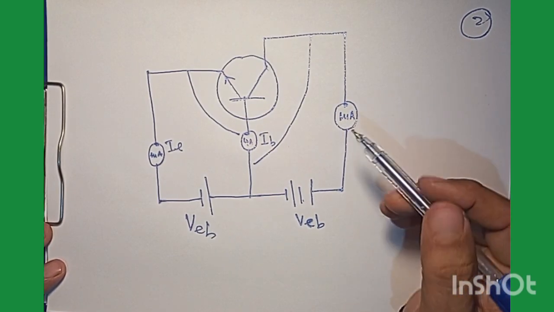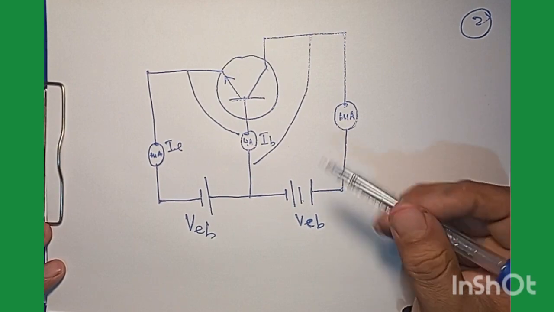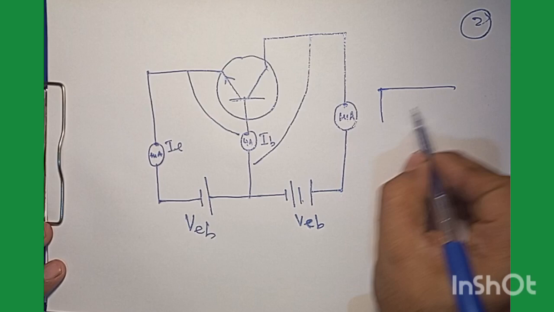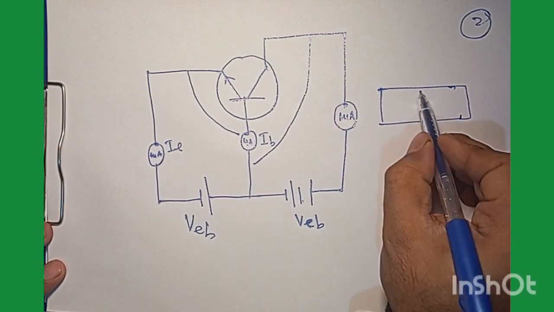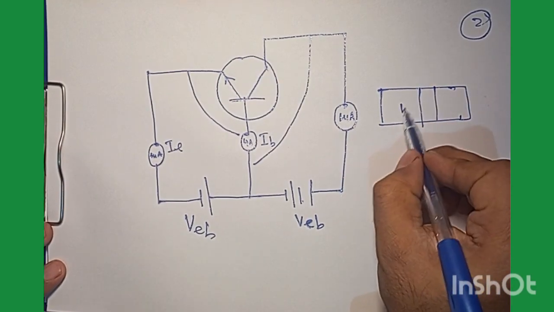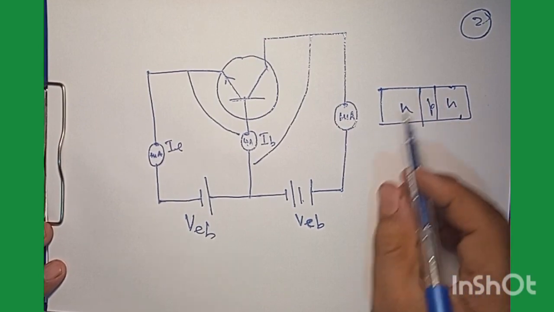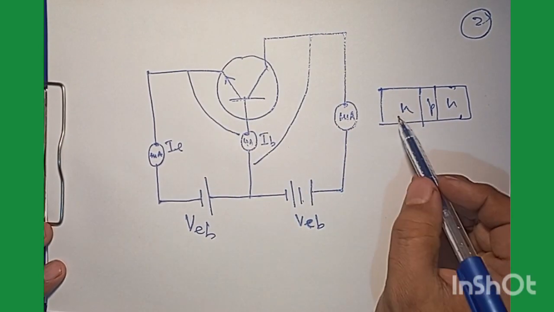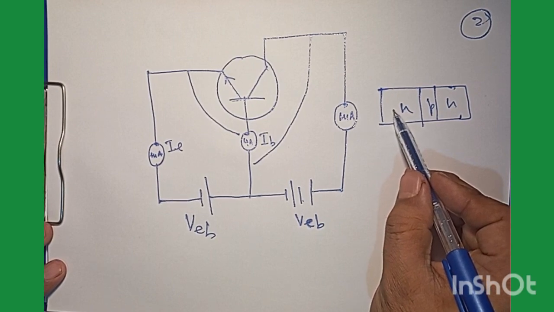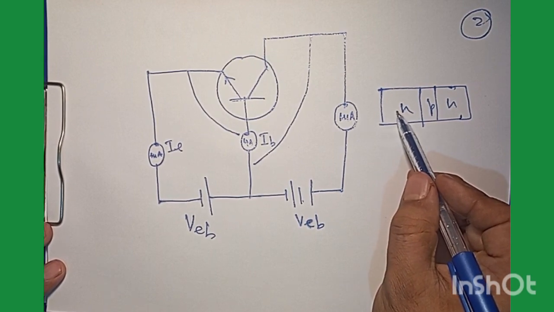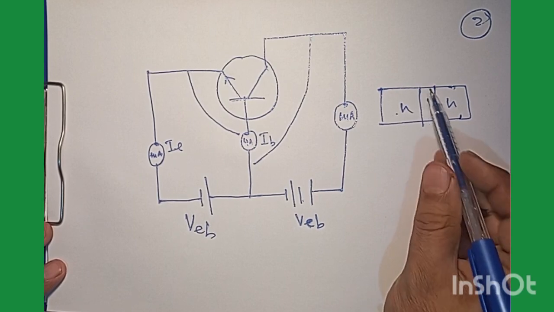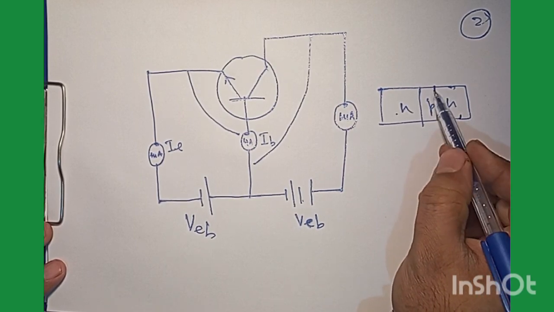lightly doped? To answer this question, consider a transistor like this, suppose this is N, P, and N. The majority carriers in this case, from the emitter point of view, are electrons that move from the emitter region towards the collector region through the base.